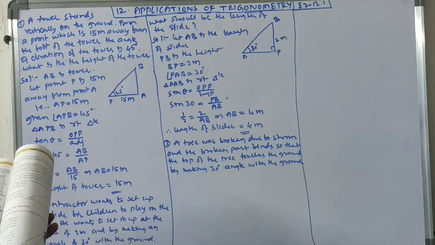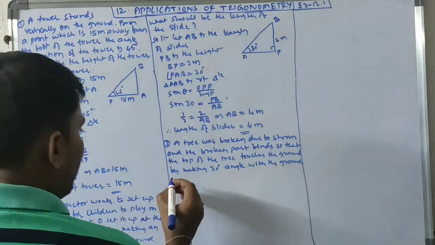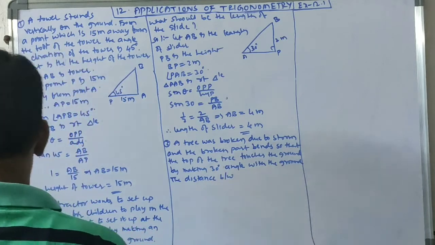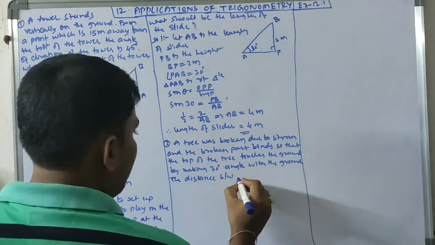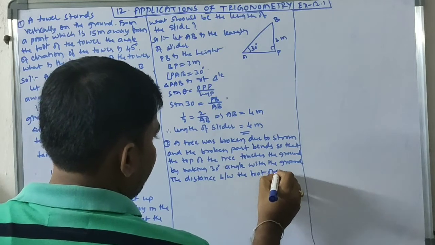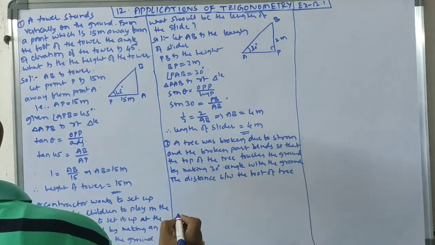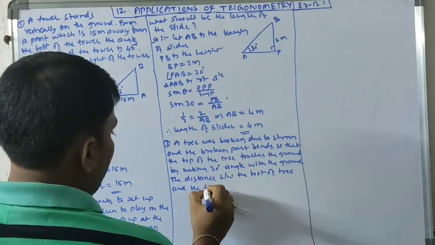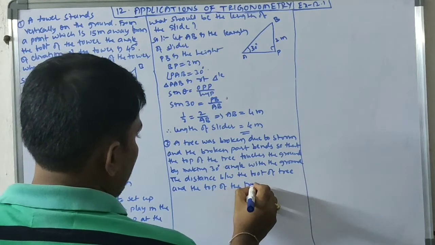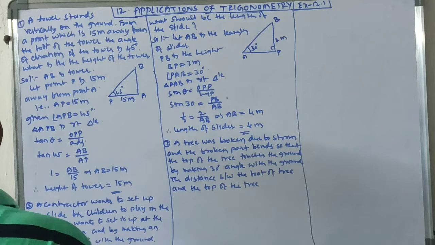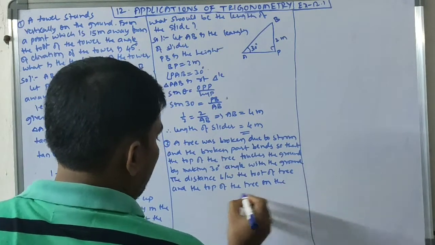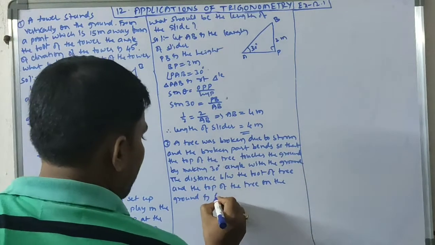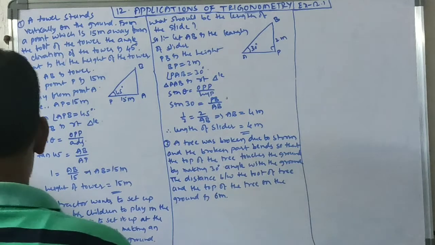The distance between the foot of the tree and the top of the tree on the ground is 6 meters. Find the height of the tree before falling down.